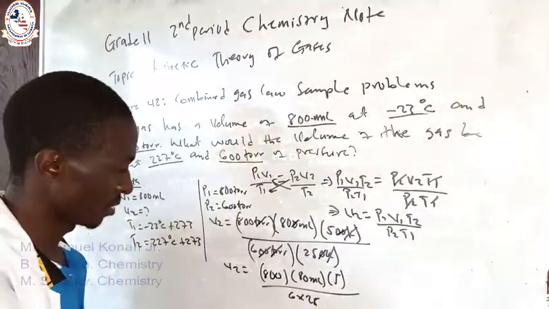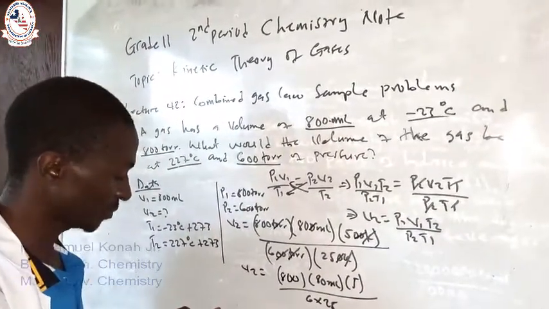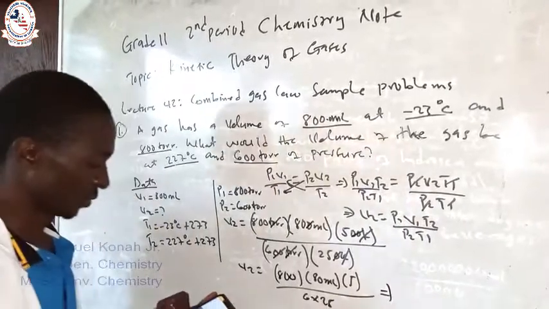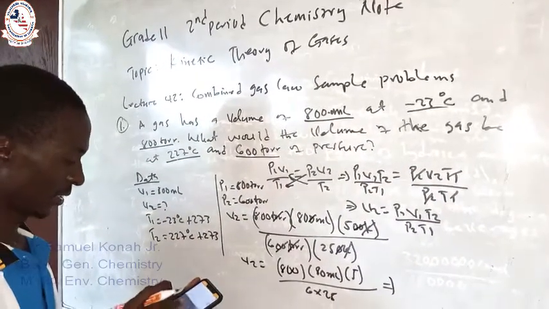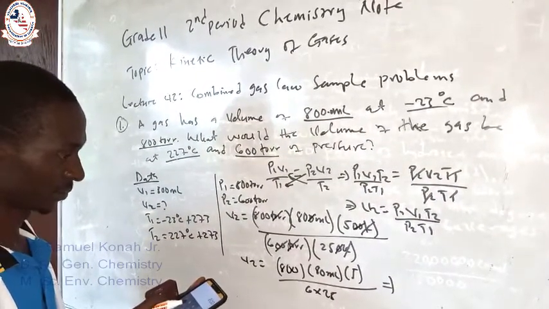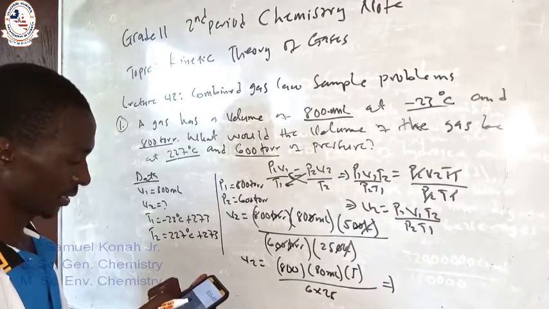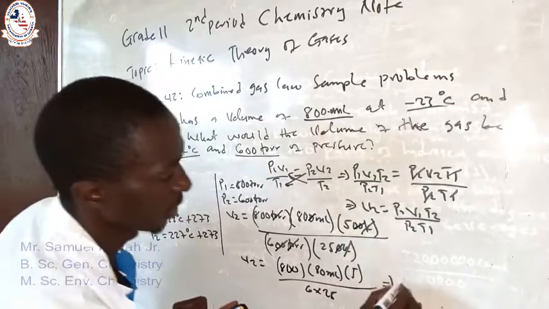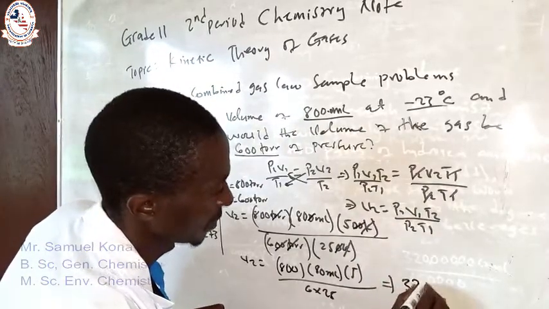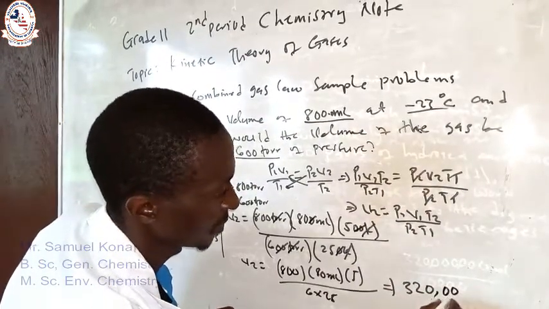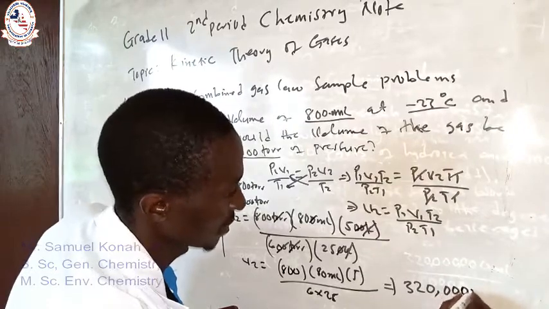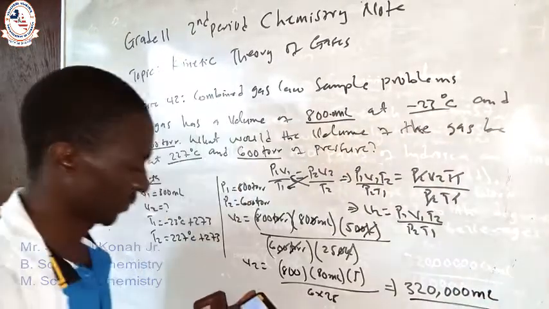If we use our calculator, 800 times 80 times 5 gives us 320,000 milliliter.